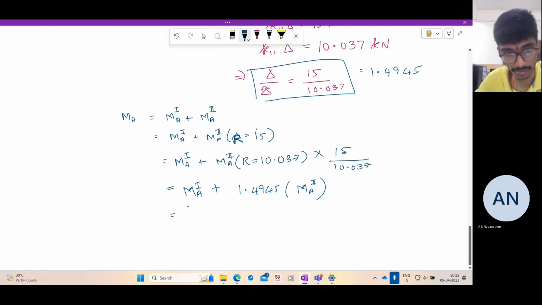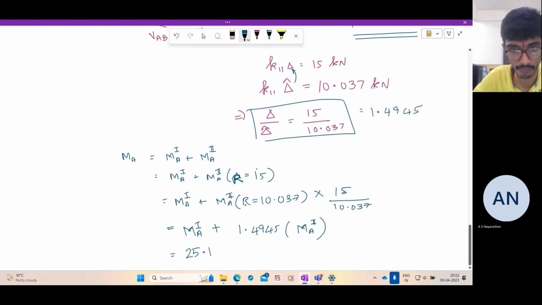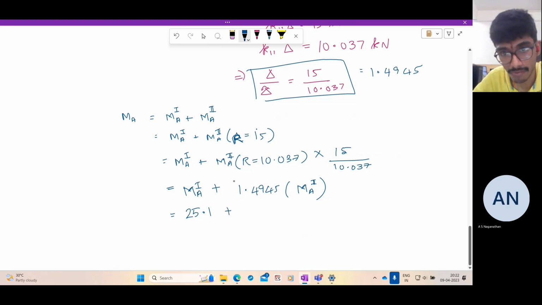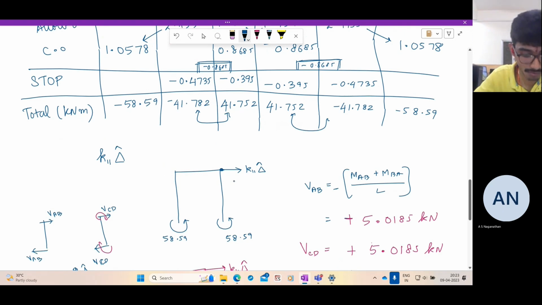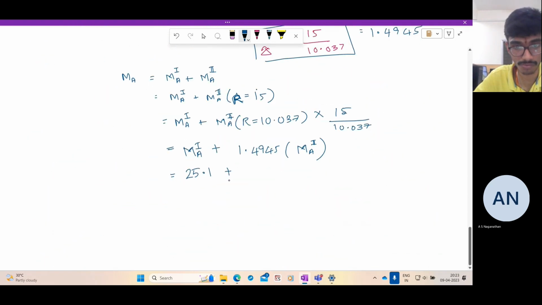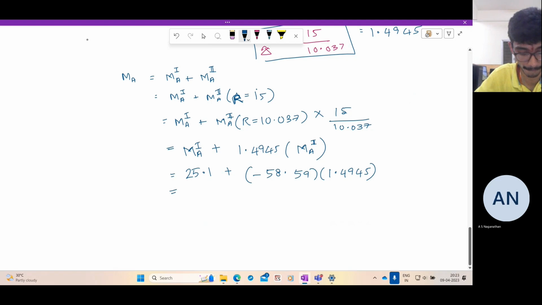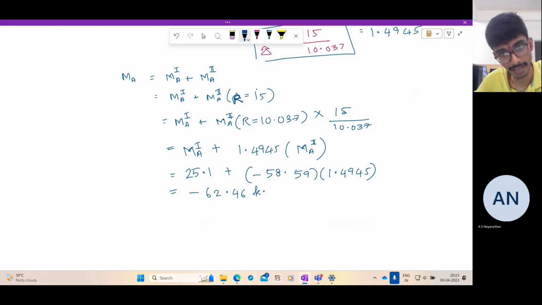So it is plus, minus 58.59 into 1.4945. So this turns out to be minus 62.46 kilonewton meter.